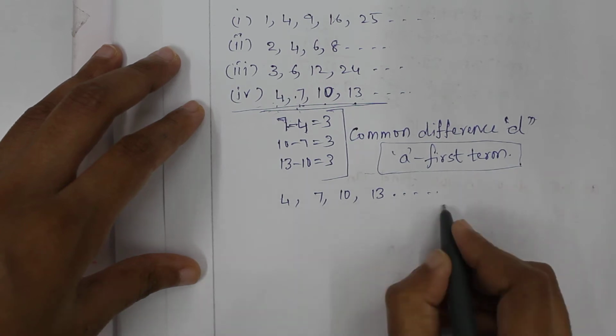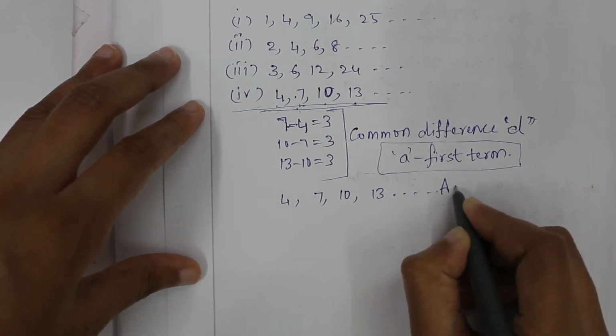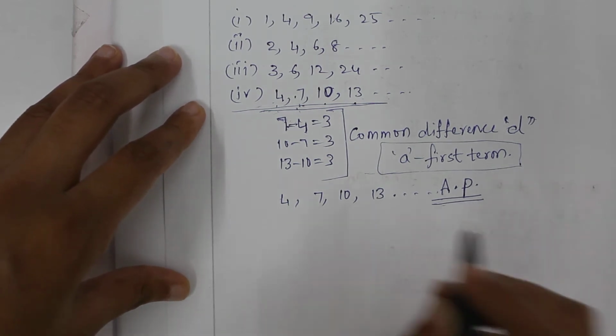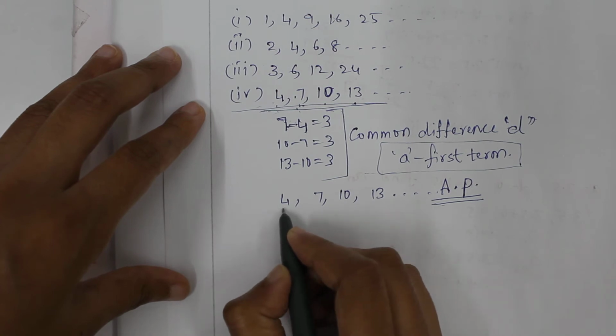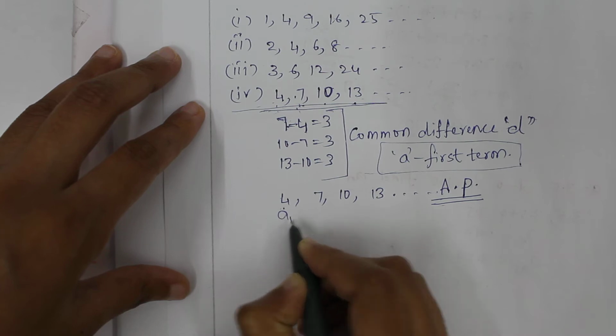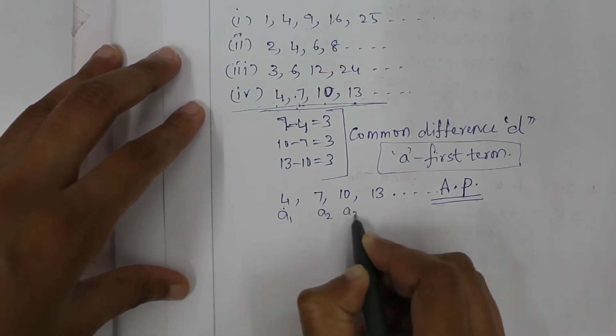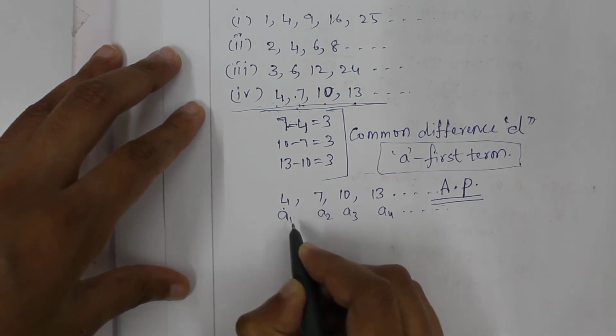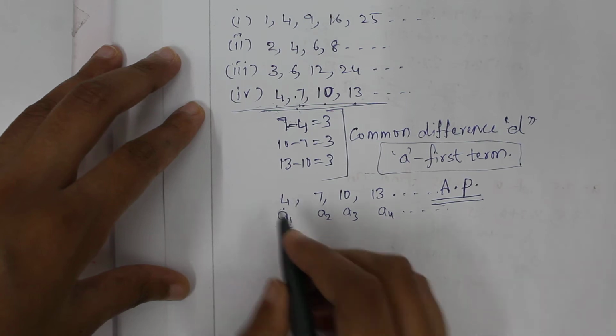We have found out that this is an arithmetic progression. Arithmetic progression in short form we call AP. AP means arithmetic progression. So here 4 is the first term, right? First term becomes A1, A2, A3, A4 and it goes on. So here 1 represents the number of the term and A1 is the term itself.